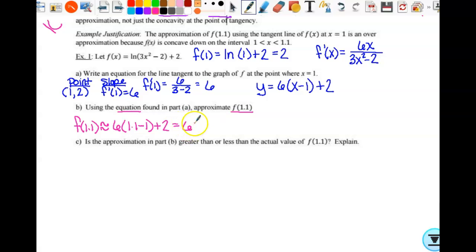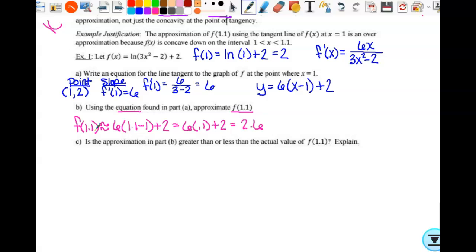That equals 6 times, what's 1.1 minus 1? 0.1, plus 2. What's 6 times 0.1? 0.6 plus 2 is 2.6. Notice my notation here. f of 1.1 is approximately this, and then this equals 2.6, because these two things are equal, but they are approximately f of 1.1. Okay, we okay with that?